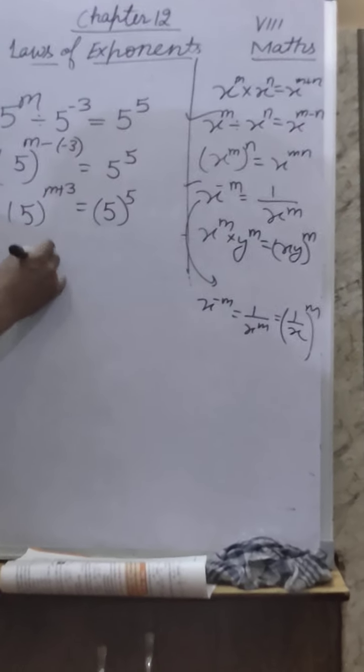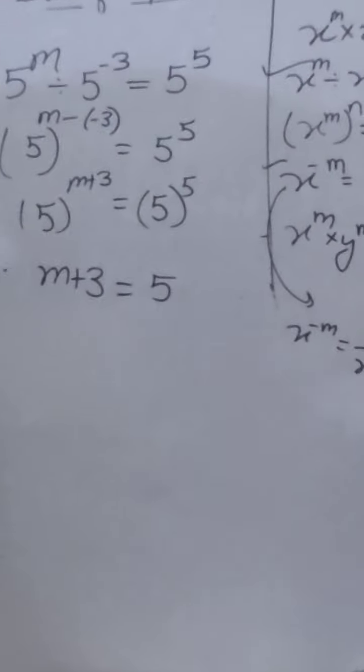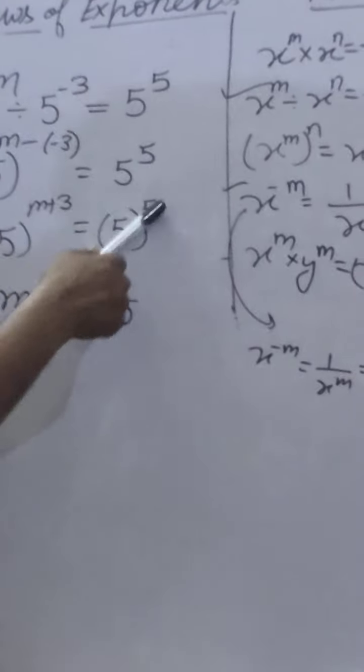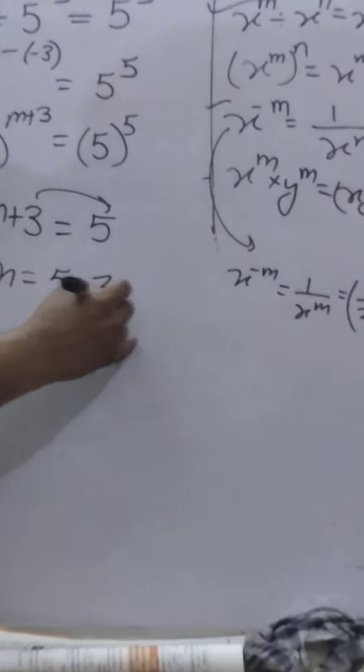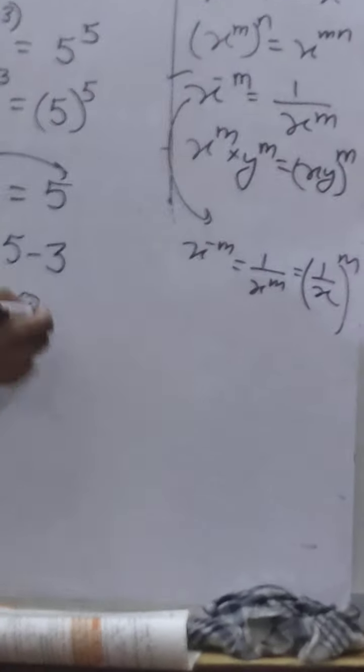So therefore m plus 3 equal to 5. So I think it's clear. If the bases are equal, then the powers will also be equal. You will equate. M is equal to, shift this side, 5 minus 3, m is equal to 2.